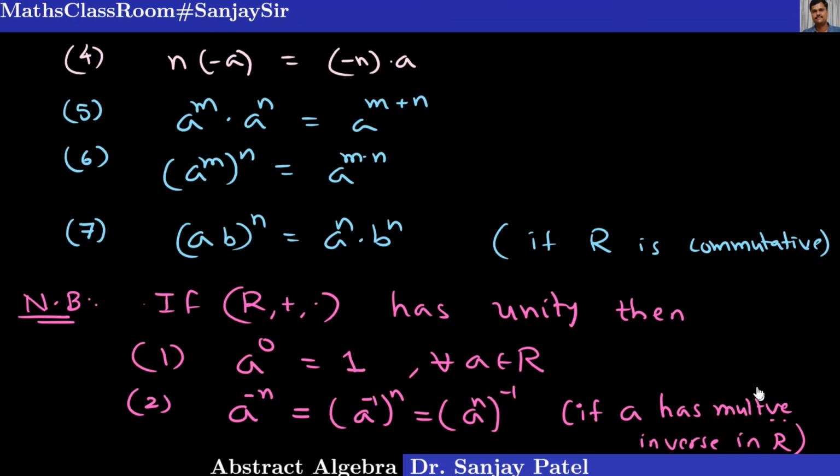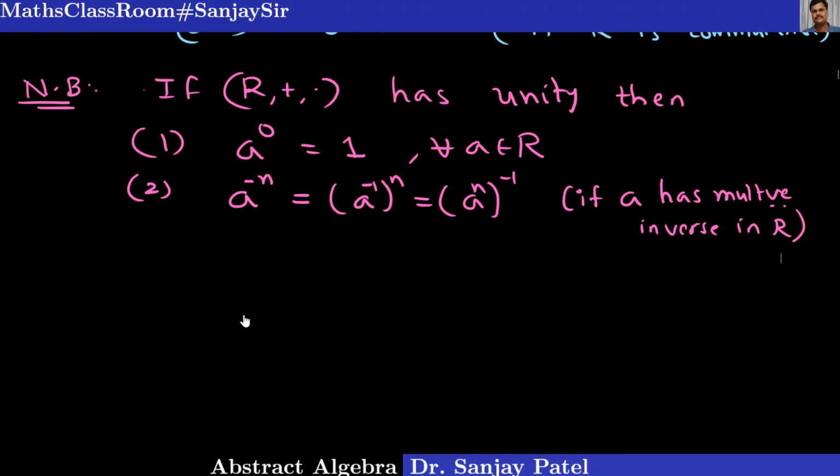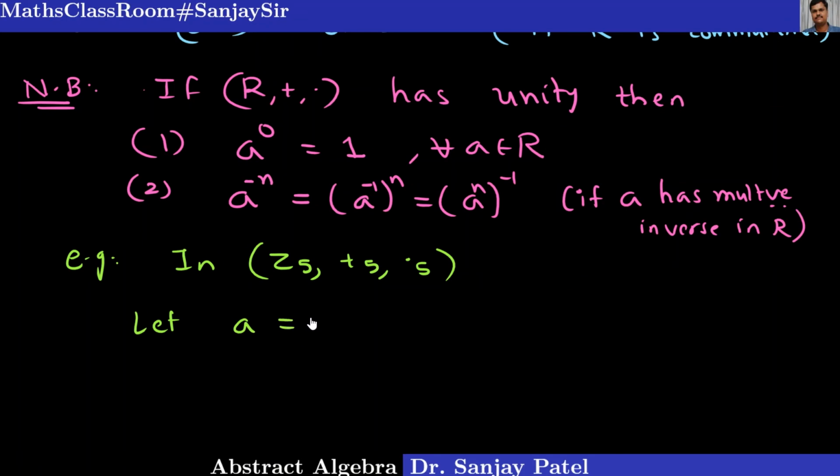To understand this last remark, let us take the same example of our ring, for example, the ring Z5 with addition and multiplication. If I take a equal to 3, belonging to Z5, then the first thing says 3 raised to 0 means 1. That is the first result, which is very simple.